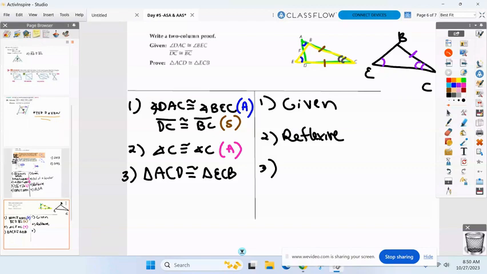What is that side in between the 2 angles? Here are my 2 angles. Is that side sitting in between them? No, it is not. It would have to be this side here, EC. It's not in between, so I'm going to use angle, angle, side. Are we all right? It's not in between?